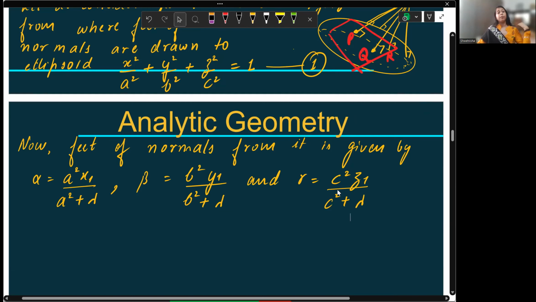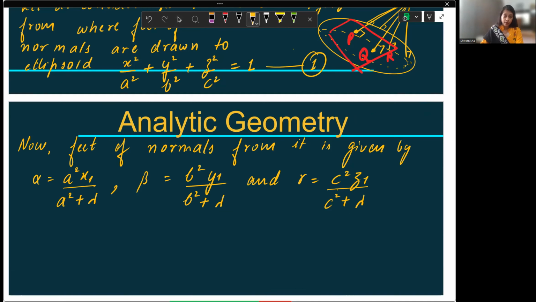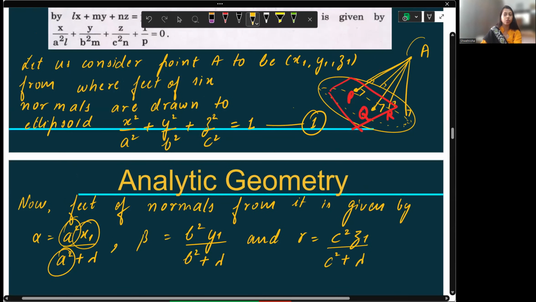Now see, when I say this is the feet of the normal, there are 6 feet of the normal, but I have given you only one set of coordinates, right? Alpha, beta, gamma. So where are the other 5? Actually, if you look closely, a, b, c are fixed. They don't have multiple choices. x1 is also one fixed point from where you are dropping the normals.